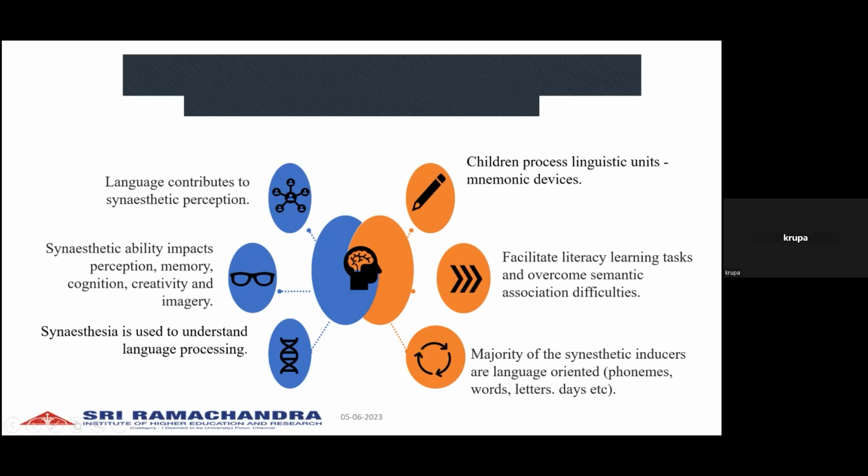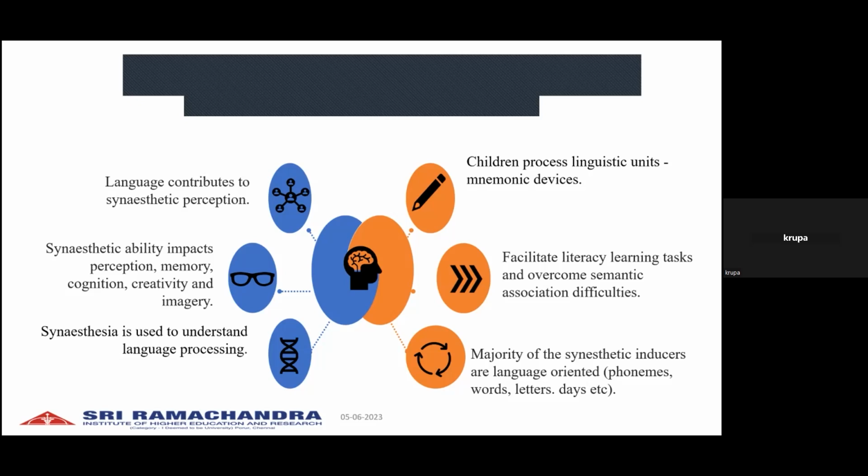Whether children are autistic or neurotypical, children generally use this as a mnemonic device to get at abstract language. The initial language that a child develops is often abstract in nature. And synesthetic ability also plays an important role in perception, cognition, memory, creativity, and imagery.